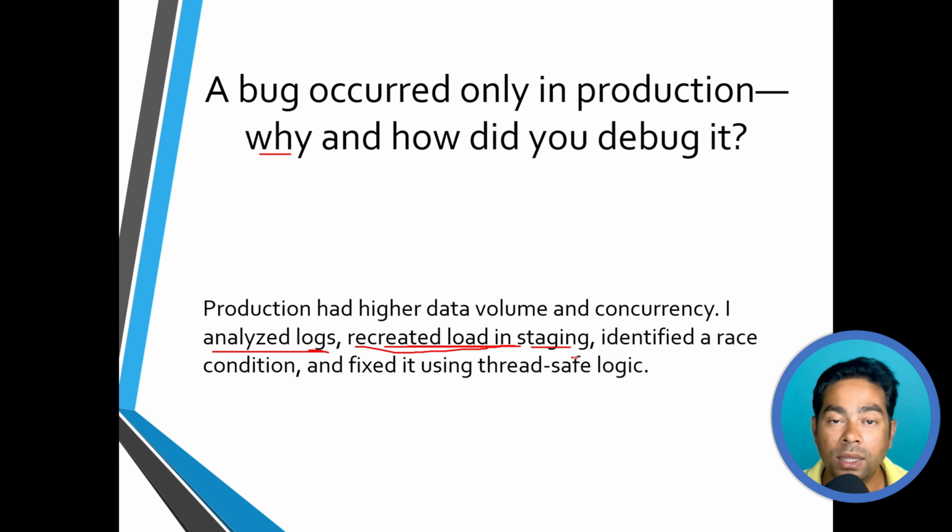Then suppose you say that you found some race conditions, and they ask how you fixed it. That means you need to tell what the issue is. What is a race condition? Few customers did some duplicate transactions.